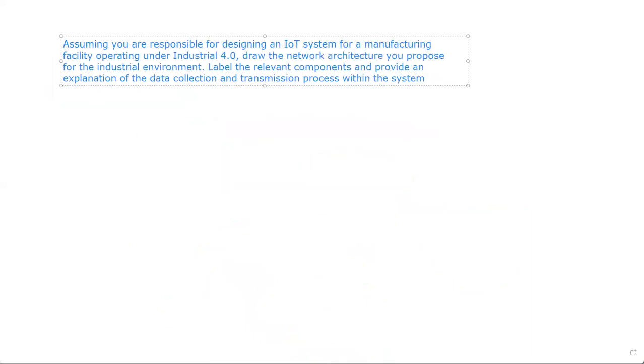In industrial scenarios, we are actually working with different sensors than in normal IoT networks. We have big types of sensors, temperature sensors, pressure sensors and so on, which are large in size and robust in nature.